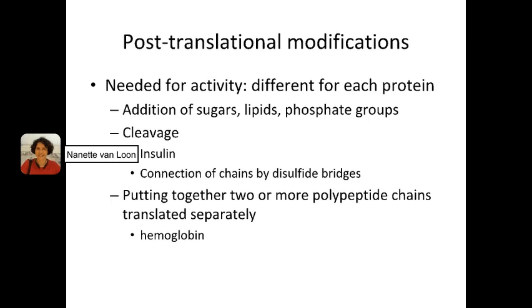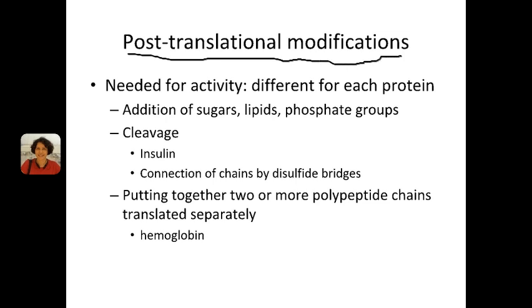When a protein is made, when translation occurs, you make the primary structure of the protein. You're going to put one amino acid together with another amino acid. After that has been finished, for the protein to be active, besides it folding into its active conformation, there are some post-translational modifications that have to be made to most every protein.